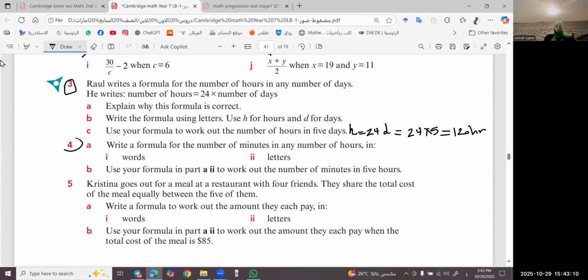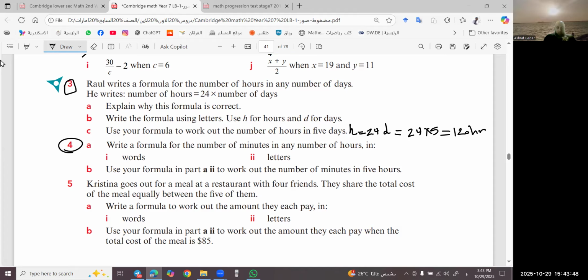Lujain, yalla, number 4. Write a formula for the number of minutes in any number of hours, in words and letters. There are 60 minutes in an hour. So M multiplied by 60.